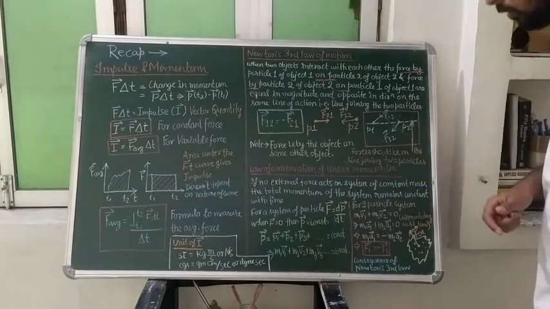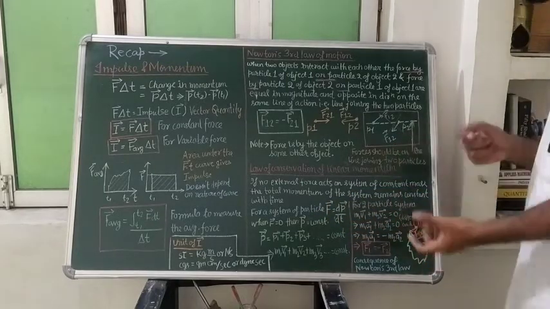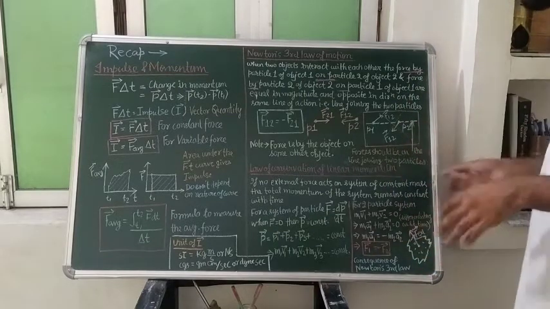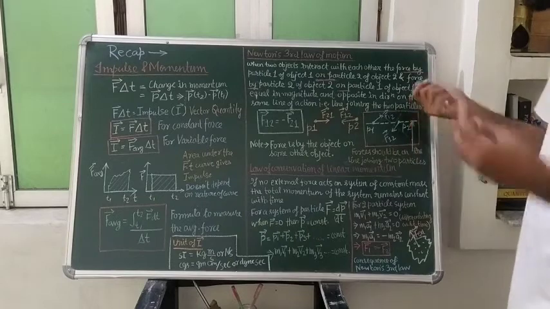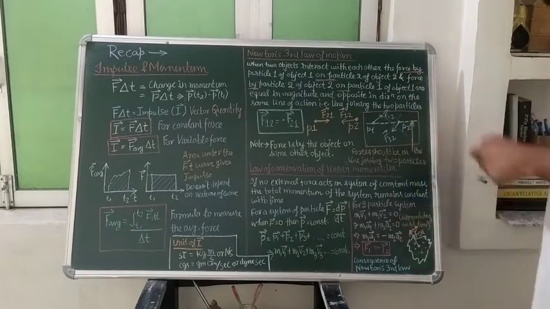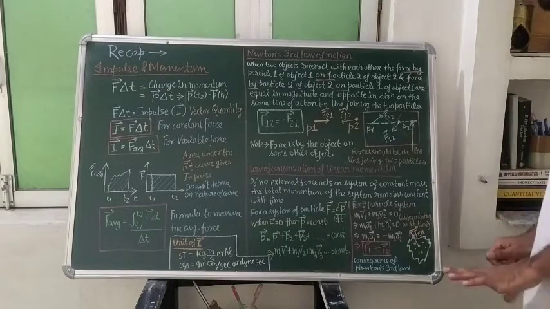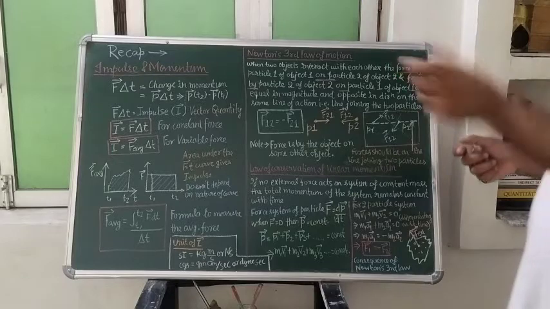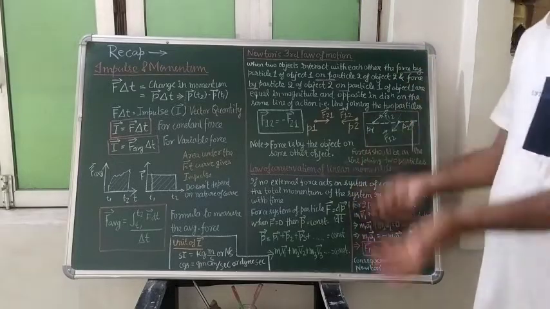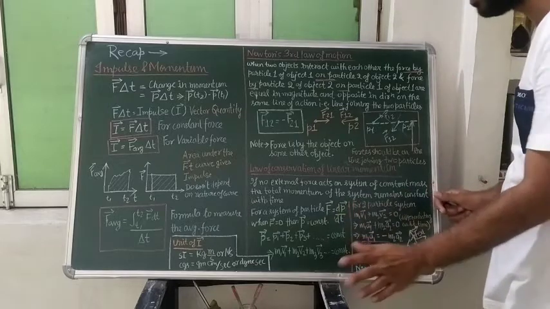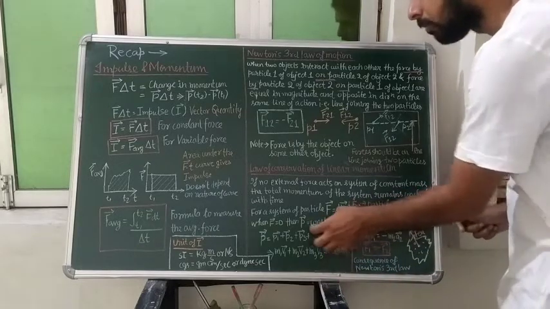And what I have told you: if the differentiation of any quantity with respect to time is equal to 0, that quantity will become constant, because the differentiation of a constant is 0 only. So if no external force is acting, that momentum will become constant.